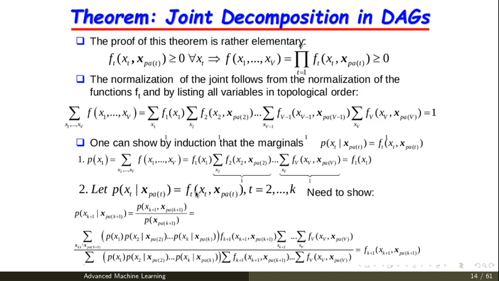So what I do is write this as the joint of x k plus 1 and the parents of k plus 1, divided by the marginal of the parents of k plus 1.